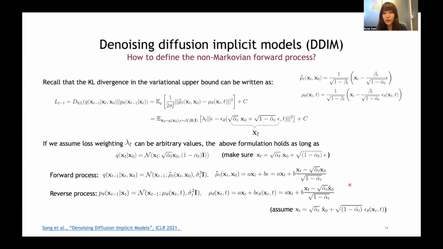So if we make those assumptions, then the above derivation of L_{t-1} still holds, which means we don't really need to specify q(x_t | x_{t-1}), and we don't need to require it to be a Markovian process. All we need to assume is the posterior distribution of x_{t-1} given x_t and x_0. So that's the insight of how we can define the non-Markovian forward process, which leads to the same training objective as the original diffusion model.